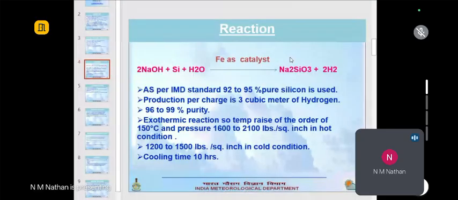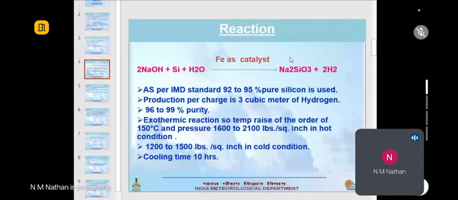Finally, the space available for gas generation will be limited, then the pressure level will go very high and the cylinder will burst. So to avoid that problem, you have to clean the cylinder properly while recharging it. That is also very essential.